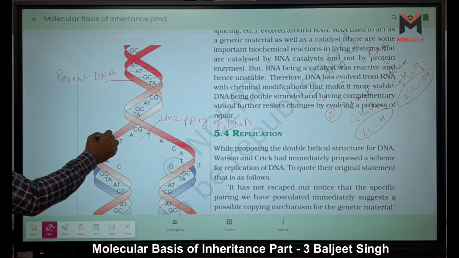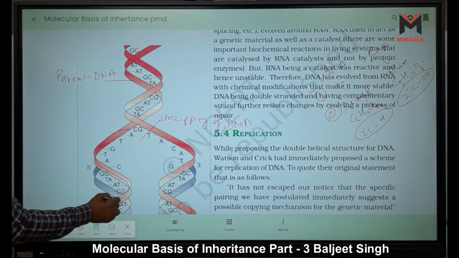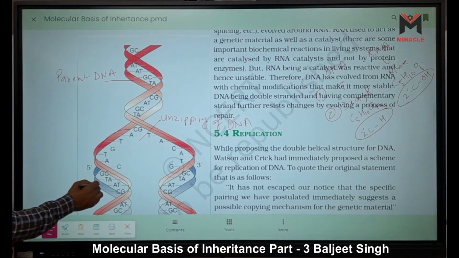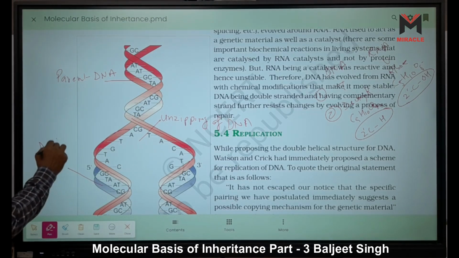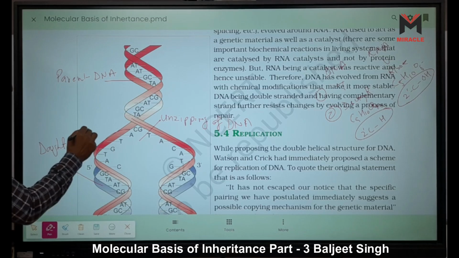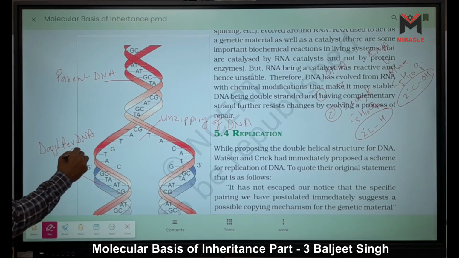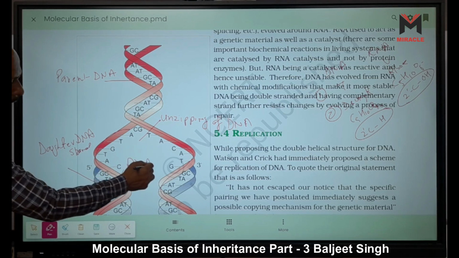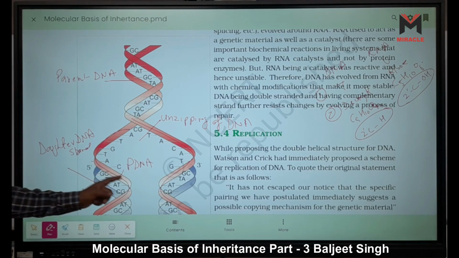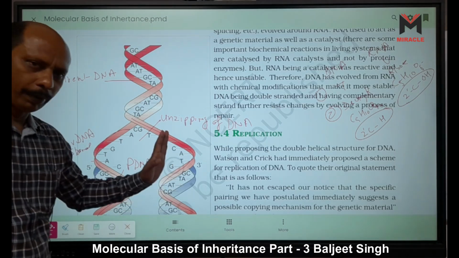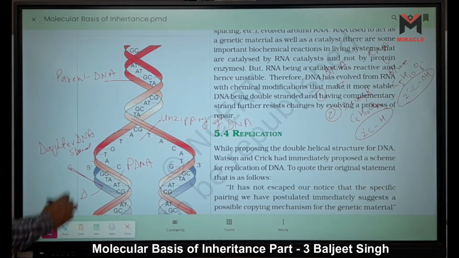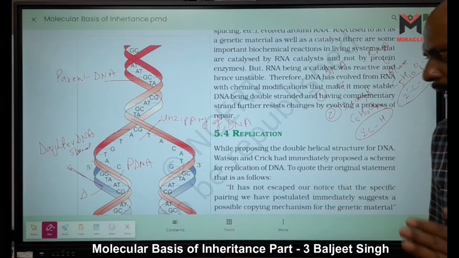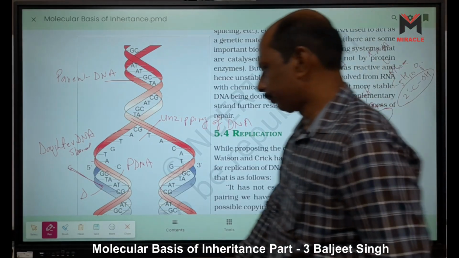This one is parent DNA, and this one only is the daughter DNA strand. One strand is already the parent, and the other is newly formed daughter. Because half of the strand is already formed, it is called semi-conservative. Okay, that is replication.